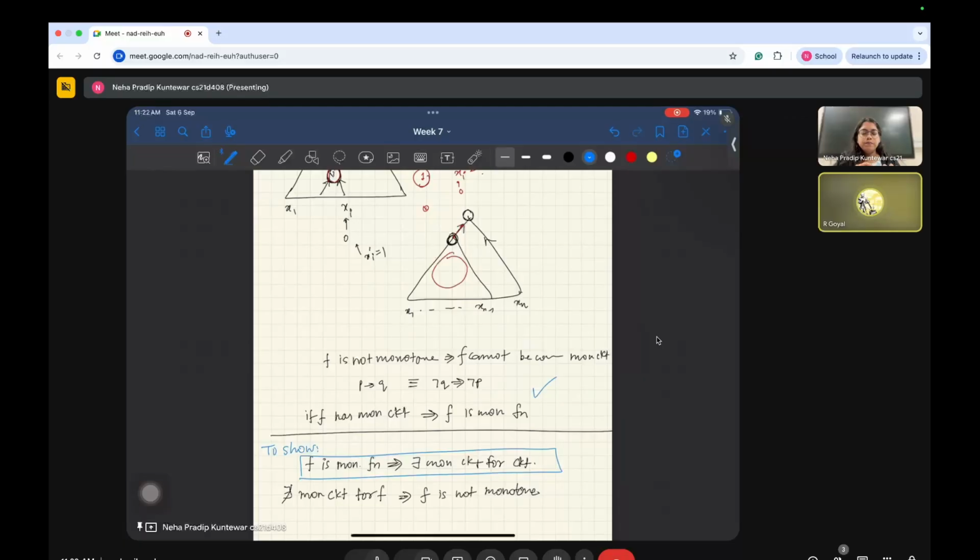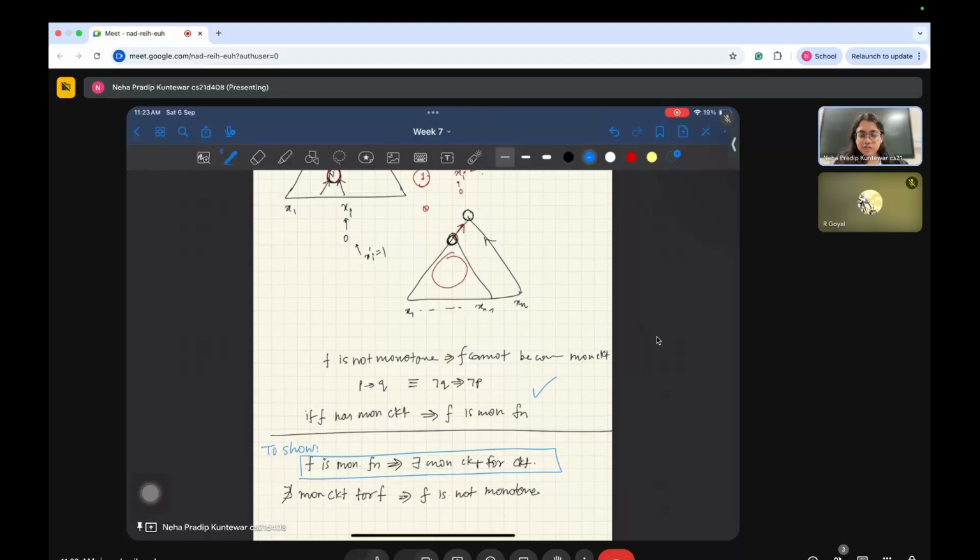It means that 0 is not going to become 1 at any cost. However, if it is a 1, it may become a 0. So this is with respect to the function, but we want to show that there exists a circuit which only contains AND and OR gates and computes f.